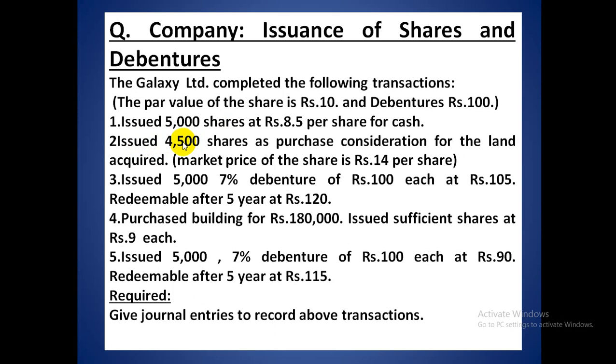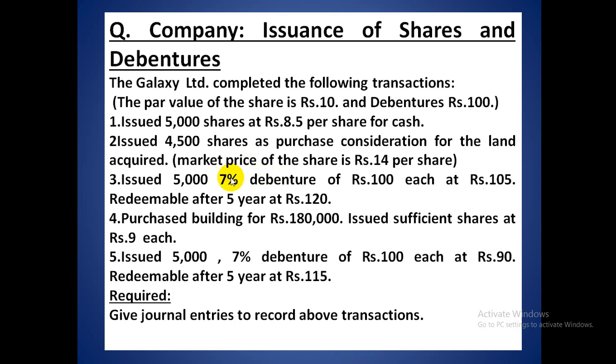Second transaction is the company is issuing these shares in consideration of a piece of land which they are purchasing, and the value of the share is rupees 14. The price of land is not given, but we can easily calculate by multiplying 14 with 4500. The company further issued 5,000 debentures.